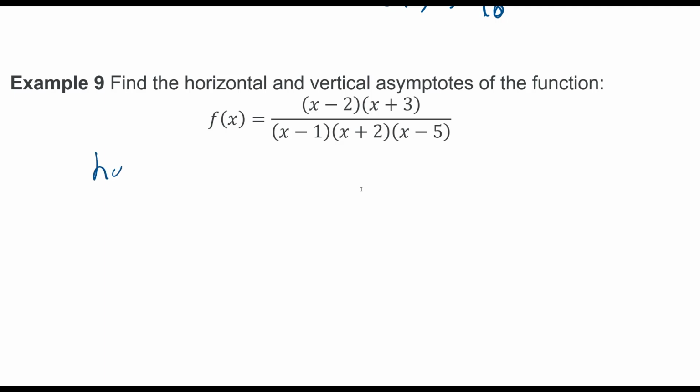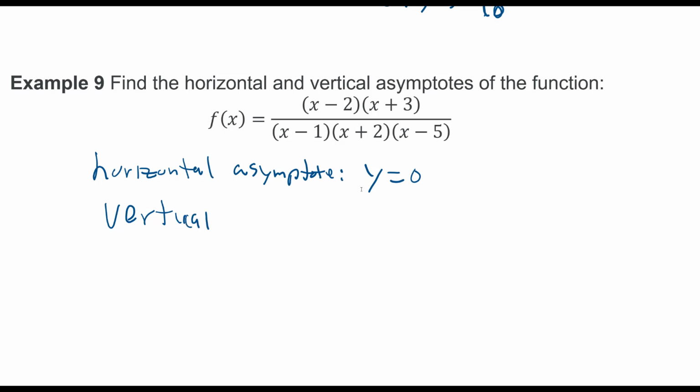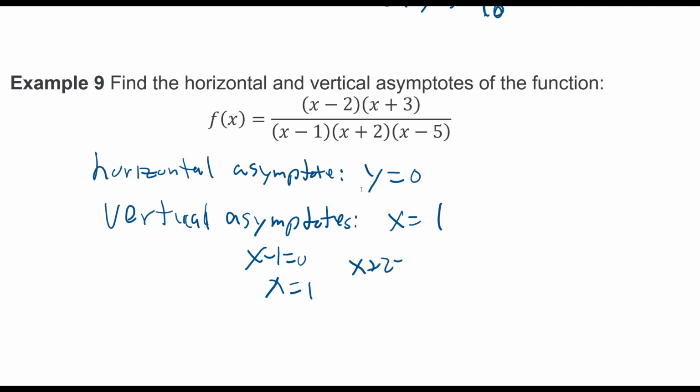So the horizontal asymptote is y equals 0, but your vertical asymptotes are going to be at x equals, we have x minus 1 equals 0, so x equals 1. x plus 2 equals 0, so x equals negative 2. And then x minus 5 equals 0, so x equals 5. So those would be vertical asymptotes.